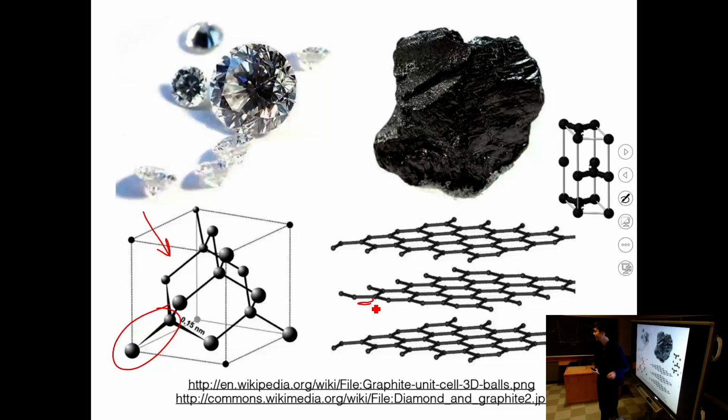And between the layers you have van der Waals forces tying them together. So just intermolecular forces. So as a result, there is a huge anisotropy, as you can see, in graphite. And it is very easy, for example, to separate the layers, take them apart. And that's why pencils write, in essence. So when you write with a pencil, you're just removing layers from the top.